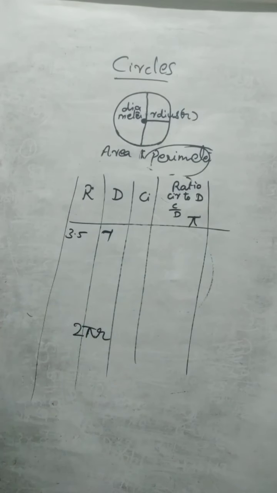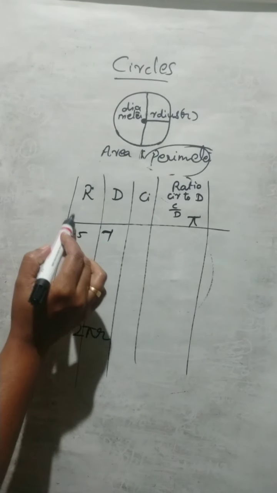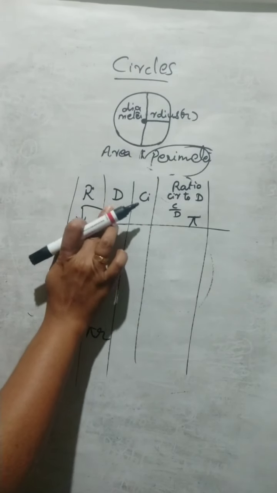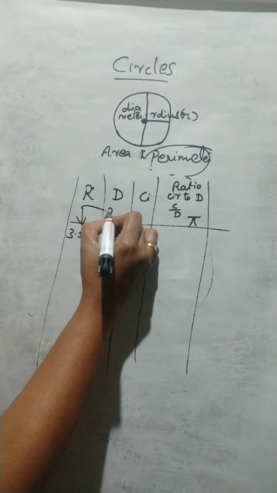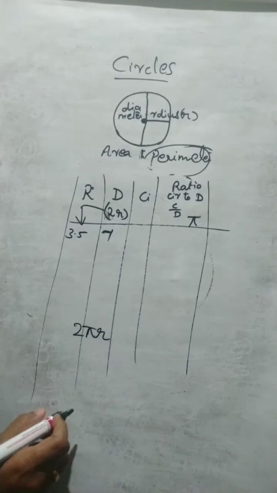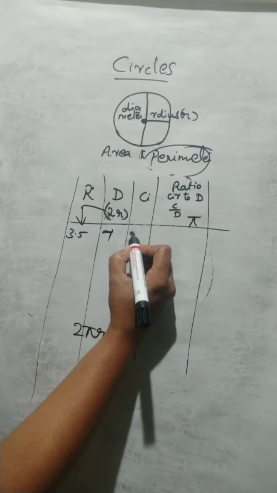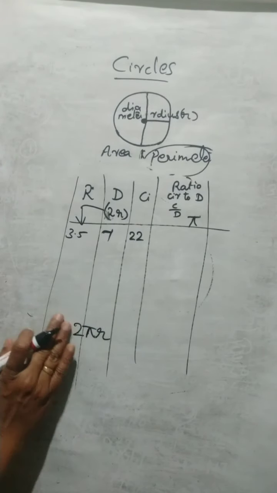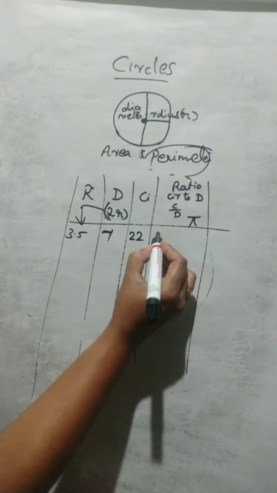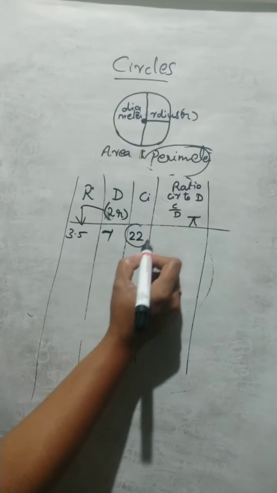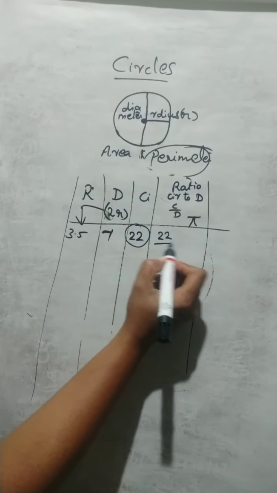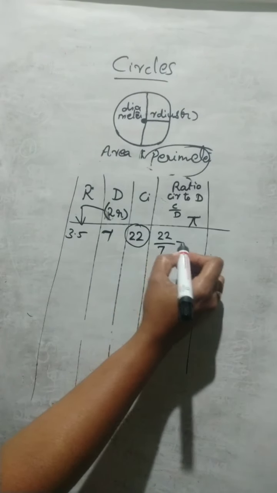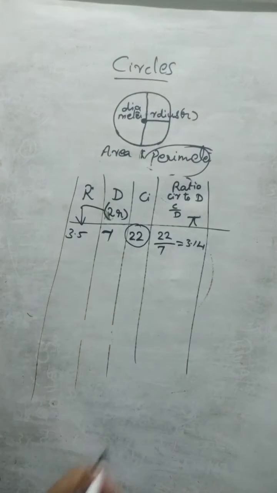If the radius is 3.5, the diameter will be double this radius, 2 times r. Then the circumference is 22. Now we divide this circumference 22 by the diameter 7. 22 divided by 7 is equal to 3.14.